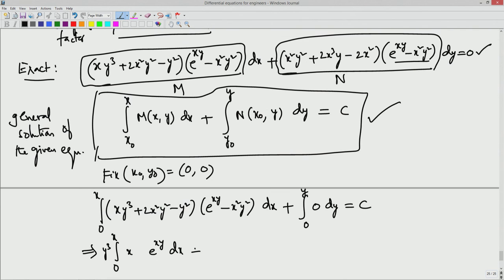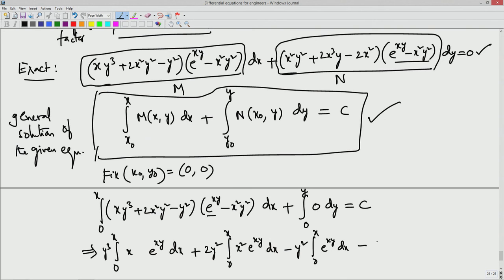Second term, 2y square integral 0 to x, you can expand it, x square e power x y dx. Now the last one is minus y square integral 0 to x e power x y dx. So this is what happens if you multiply this with each of these three terms and integrate.